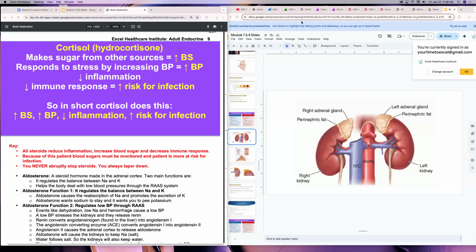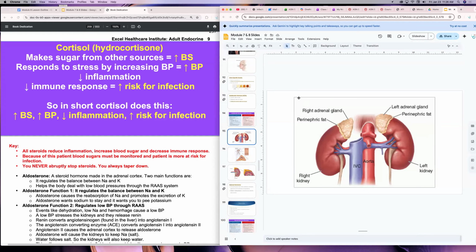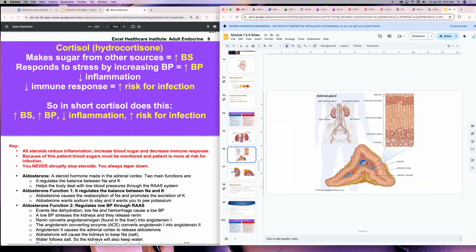All right, guys. So next up, we have the adrenal gland disorders. First off, remember at the beginning of class, we talked about the adrenal glands, which are on top of the kidneys. We talked about that you have an adrenal medulla, remember, in the middle, medulla middle, and then the adrenal cortex.